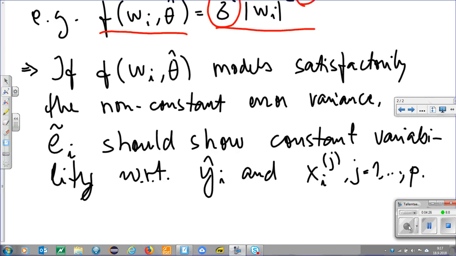And if the variance function we have fitted models the non-constant error variance satisfactorily, then these Pearson residuals should show constant variability with respect to fitted values and all predictors of the model.